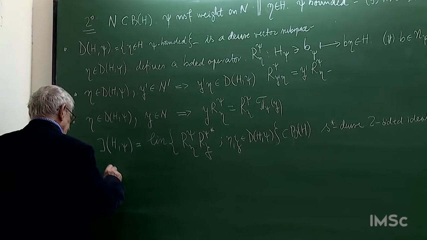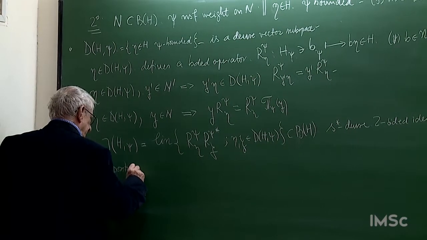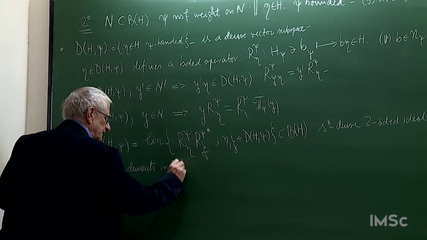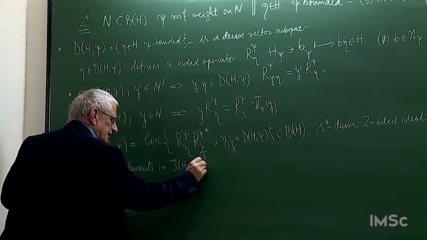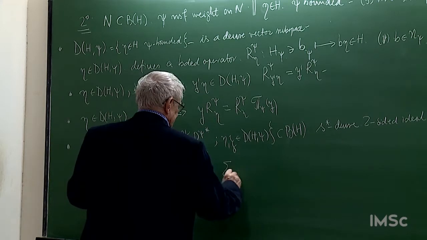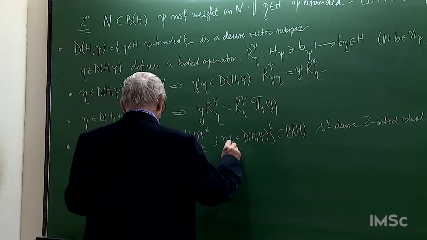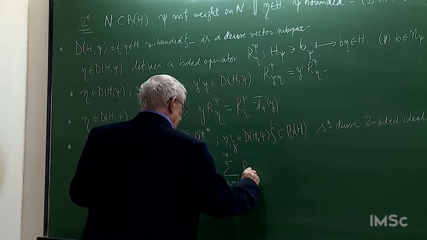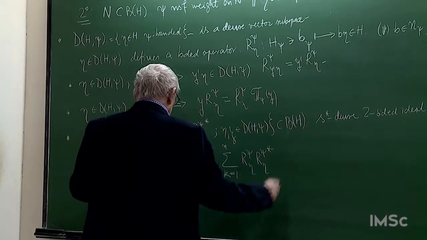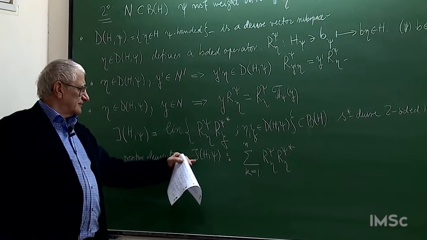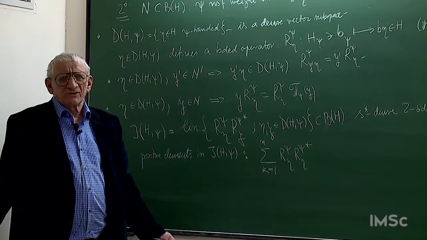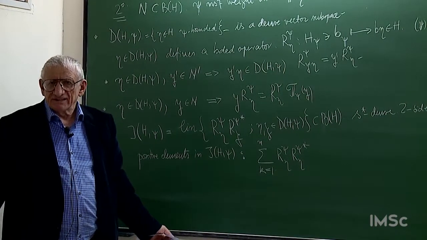If you have positive elements in J(H,psi), they are necessarily of the form finite sum from k equal to 1 to n of R^psi(eta_k) R^psi(eta_k)*. So any positive element in J(H,psi) is of this form. You can suspect what the proof is: a polarization relation.